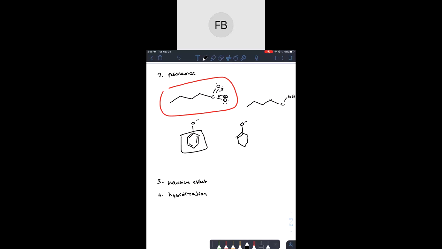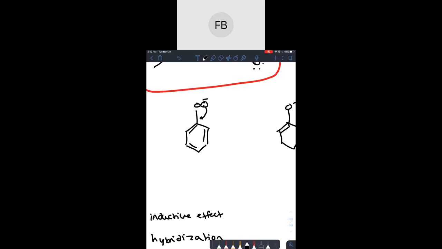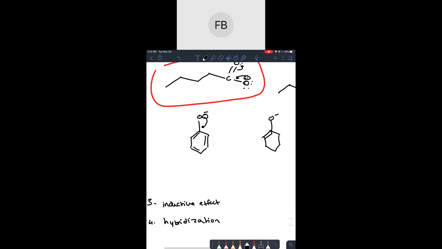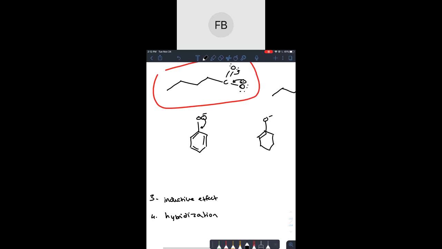Since it's completely conjugated in there, you can't take a lone pair down and form a double bond. That's impossible because there's no room for it to go anywhere. Do you guys see what I'm saying? Kind of. You can't really bring a double bond down there because it has nowhere to go.